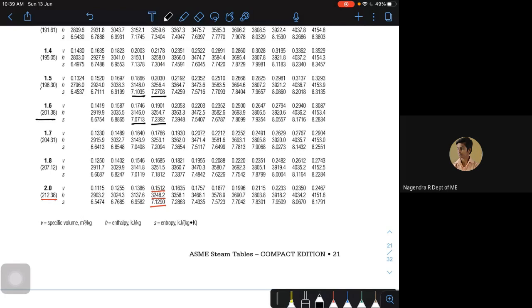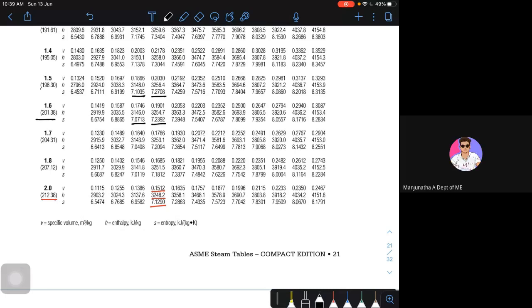And at 16 bar, it is 7.0713 and 7.2392. Is that fine? You may be getting slightly different values. Instead of 7.23, you would be getting around 7.24 or something. Don't worry about that.